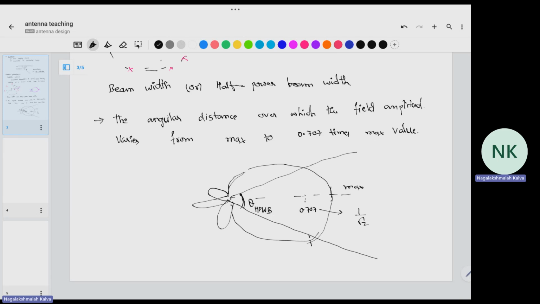So the range over which the field intensity varies from maximum to maximum by root 2. That is for field.